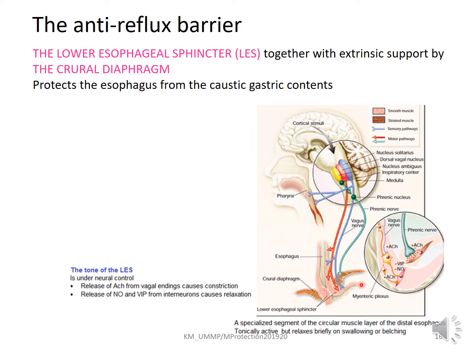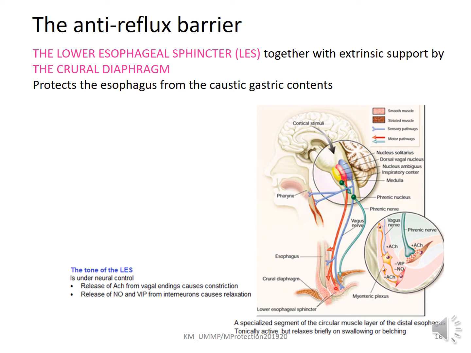As the stomach acid can regurgitate back to the esophagus, this lower esophageal sphincter is very, very important. The lower esophageal sphincter, together with part of the crural diaphragm, sets up the anti-reflux barrier.